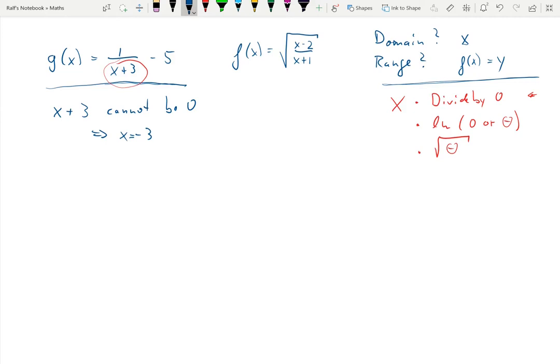All other values of x are fine, because x can be negative or positive, so there's no other reason to restrict.